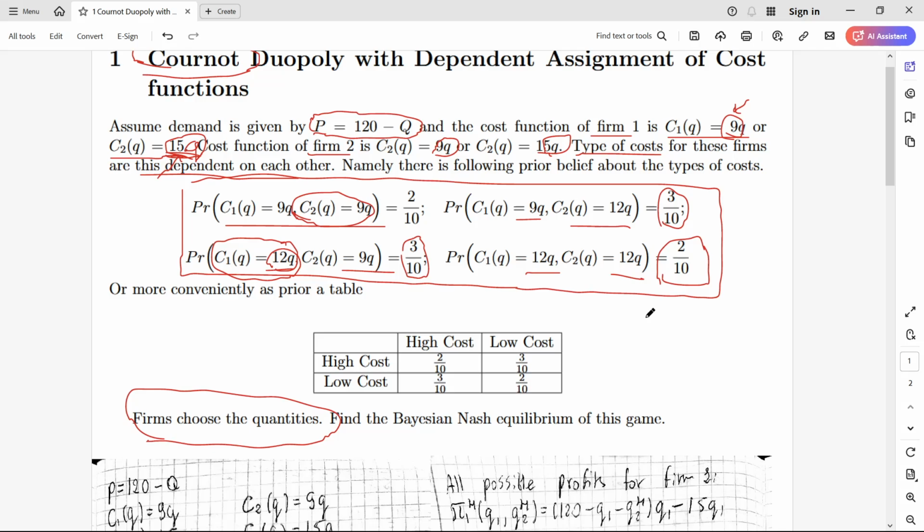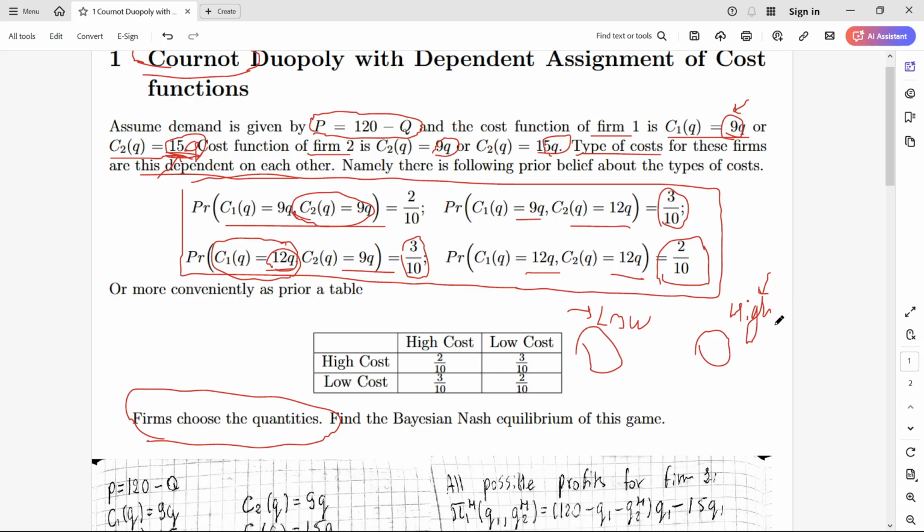So firm 1 has to have some expectation of firm 2 and decide their strategy based on this. However, firm 1 knows their own type, so he knows that there are two situations where he can be. So situation 1 of low cost and situation 2 of high cost.